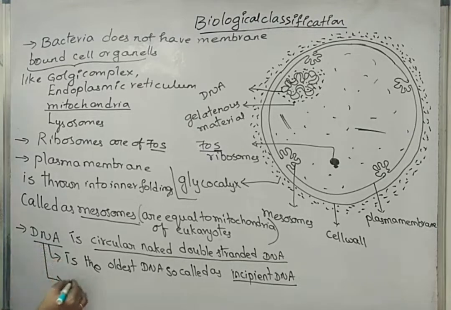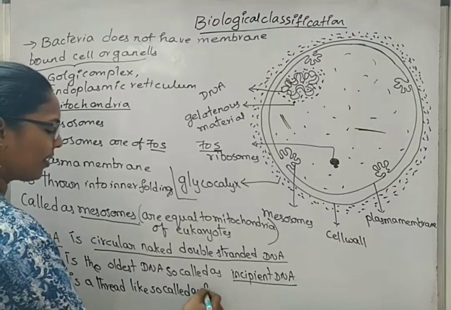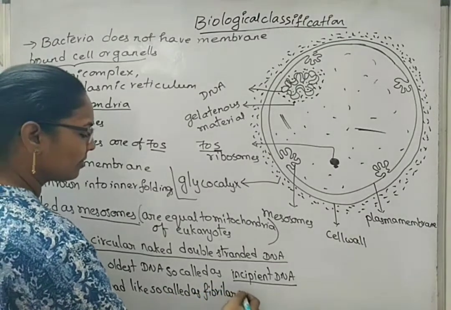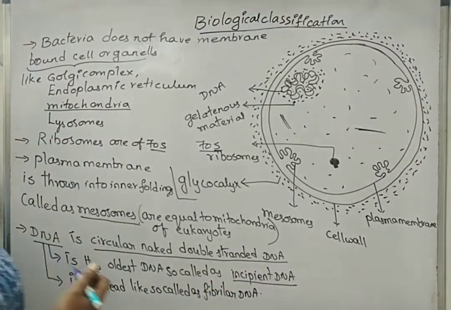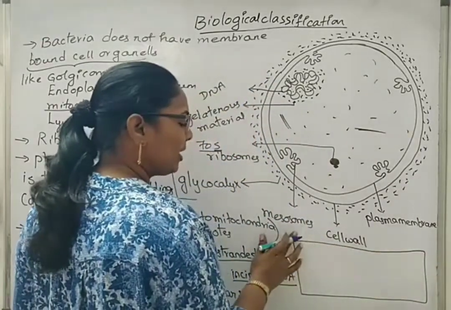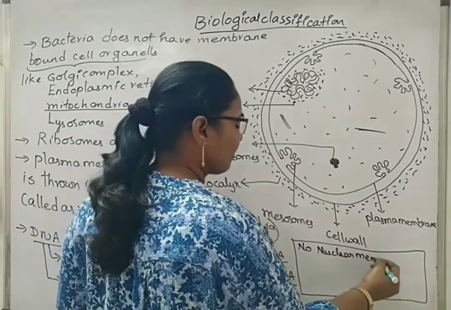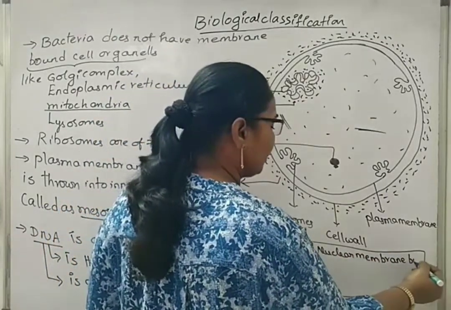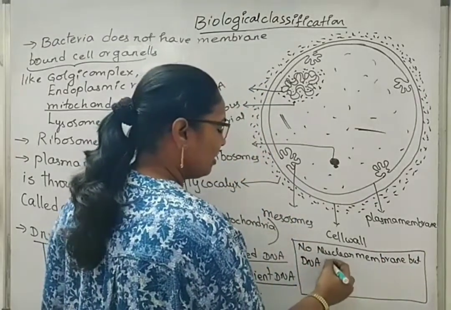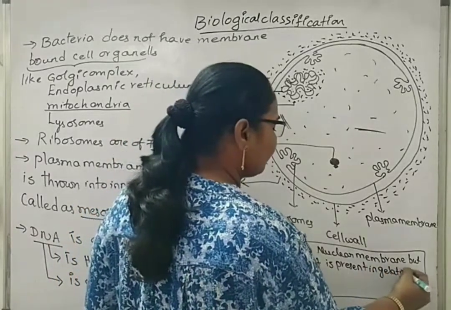Next, prokaryotic DNA is a circular thread-like DNA, so it is called fibrillar DNA. Now, in bacteria, DNA is not covered by a nuclear membrane. So there is no nuclear membrane, but DNA is present in gelatinous material.